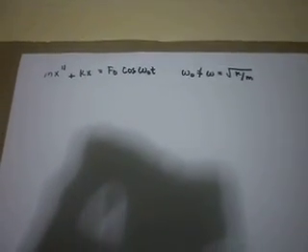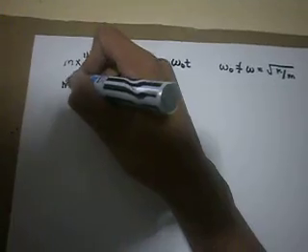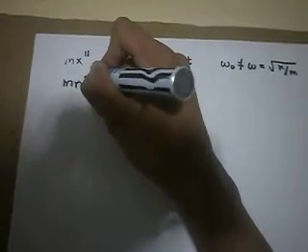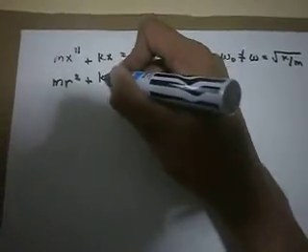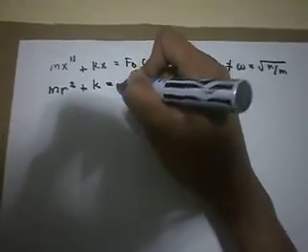To solve using the method of undetermined coefficients, we need to first find the roots. We have here m r squared plus k is equal to 0.